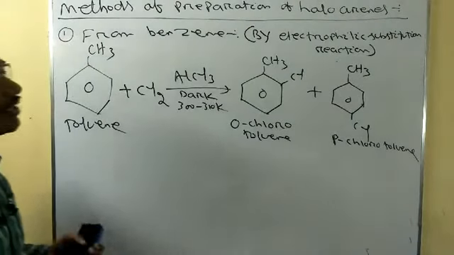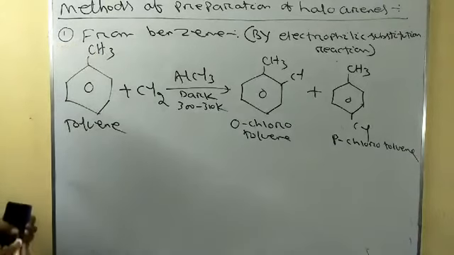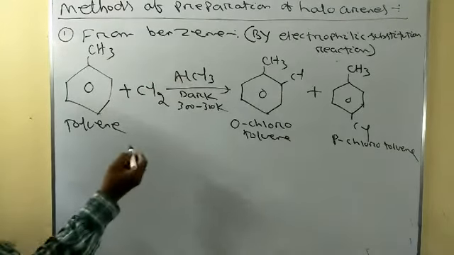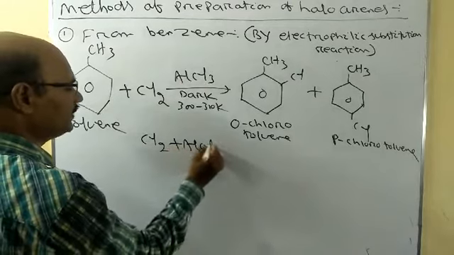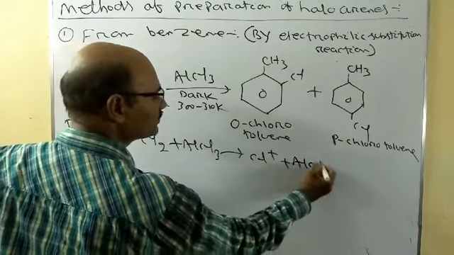So this is also an electrophilic substitution reaction. Here CH3 is an ortho-para directing group, and Cl2 and AlCl3 will give Cl plus and AlCl4 minus.